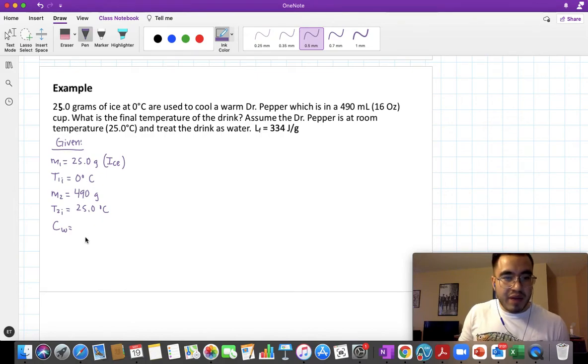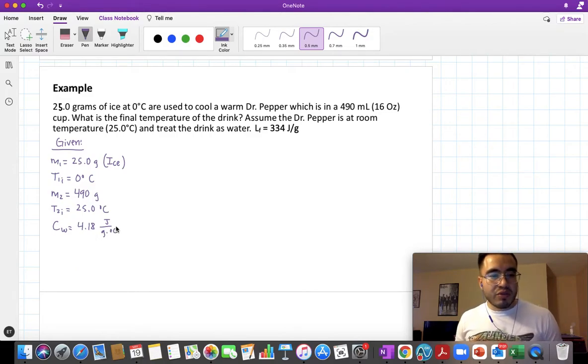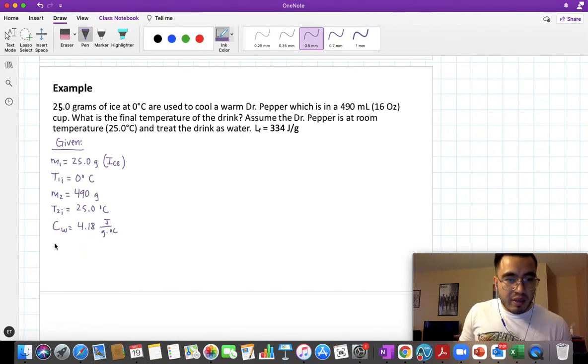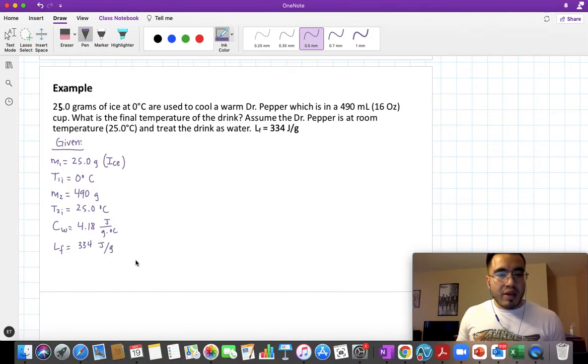And the value is 4.18 joules per gram times degrees Celsius. This number is due to the fact that I have grams. Okay, so be very careful with that. Then we have the latent heat of fusion, which is 334 joules per gram. If you go to the book, you'll find kilojoules per kilograms. So since we're using joules and grams, essentially the same.